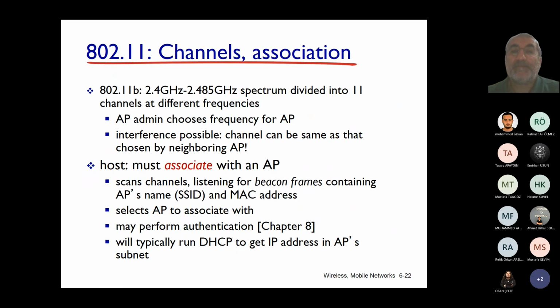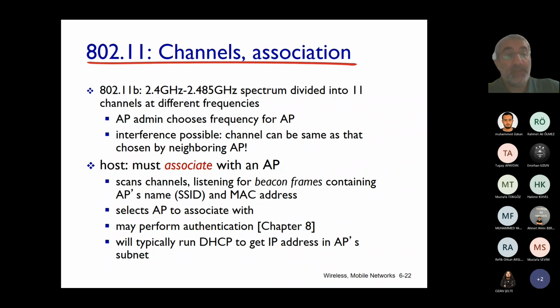Let's look at the number of channels and how the first association happens in this standard. First of all, in 802.11b, which operates from 2.4 up to 2.485 gigahertz, this spectrum, about 85 megahertz, is divided into 11 channels at different frequencies.